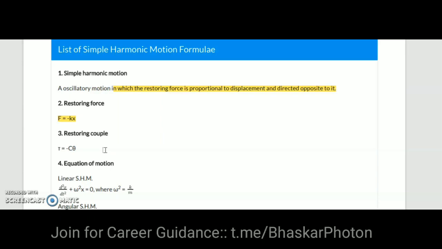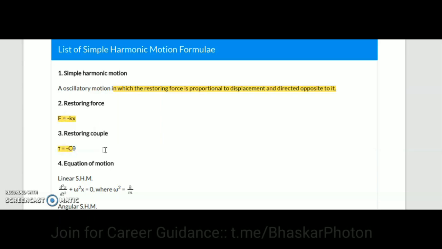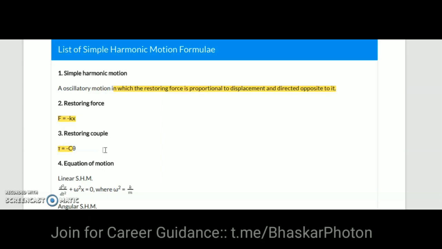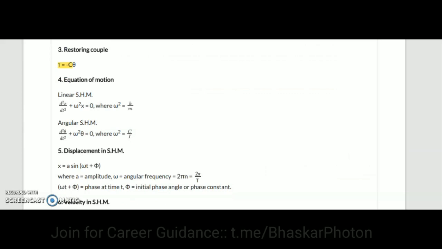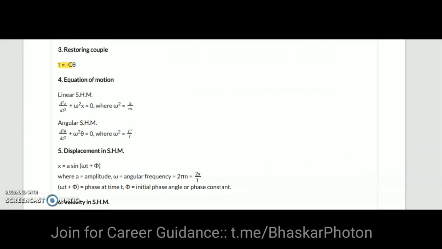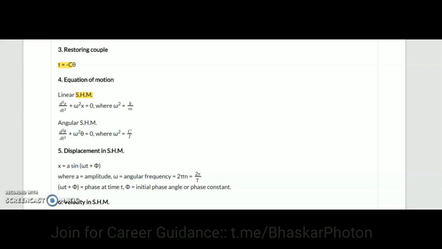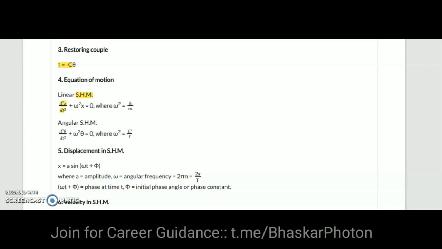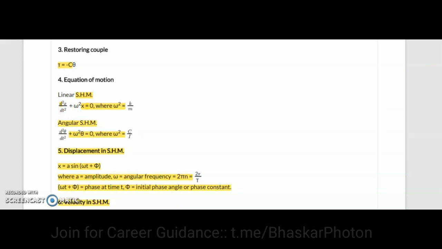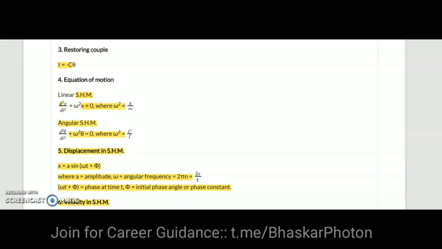and restoring couple is T is equal to minus C into theta. And the equation of motion for a linear simple harmonic oscillator is d square x by dt square plus omega naught square x is equal to 0, where omega square is equal to k by m.